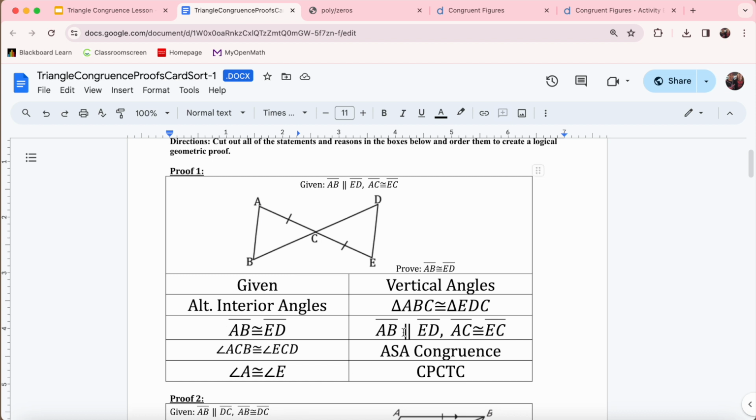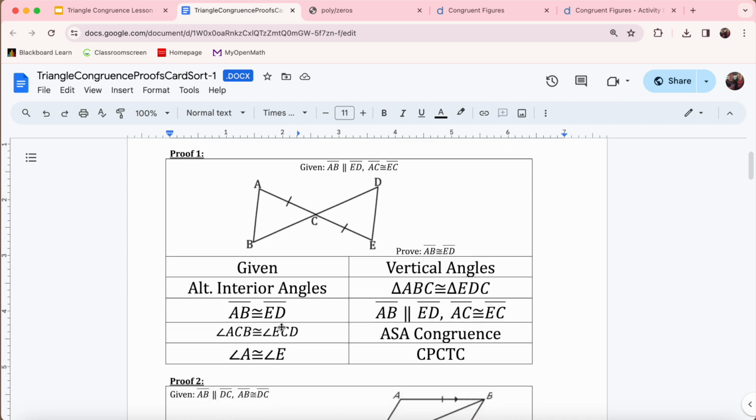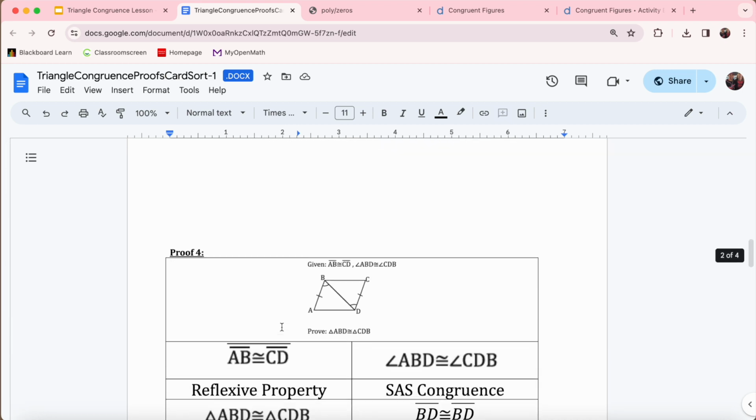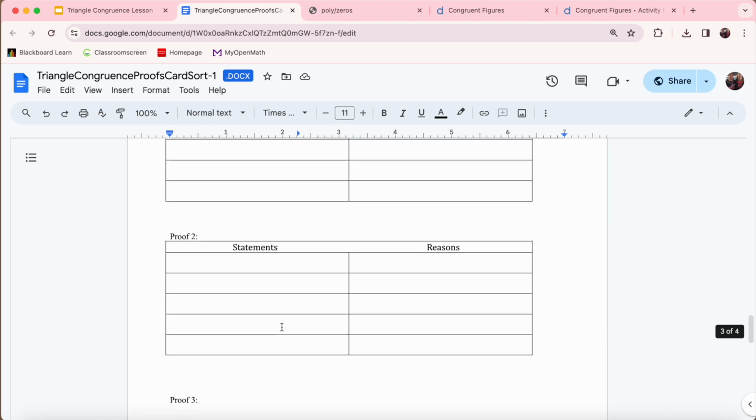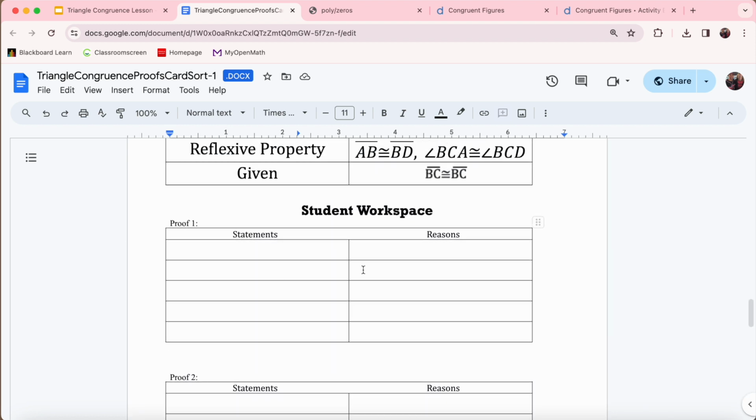They are currently clearly not in the correct order. And once they cut them out, they would move to their workspace on the last page. Here it is. On the page here, and they would paste those statements where they belong to create a cohesive proof.